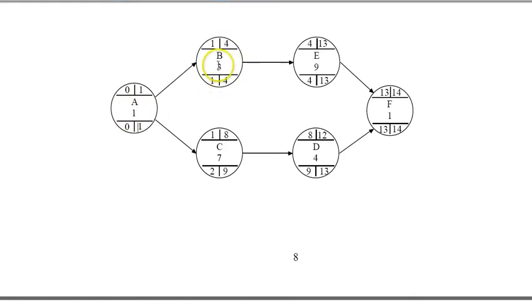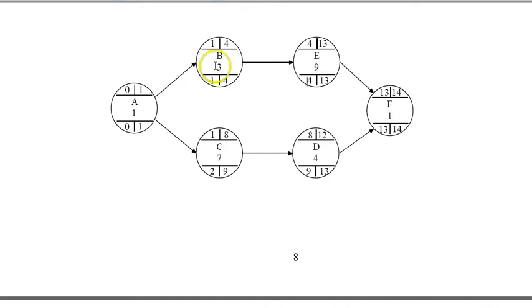This minus this is 0, so this is critical. This minus this is 1, so that's not a critical activity. This minus this is 1, or this minus this, that's the slack of 1 here. And this is a slack of 0 because this minus this is 0. So this is on the critical path, and this is critical by definition.